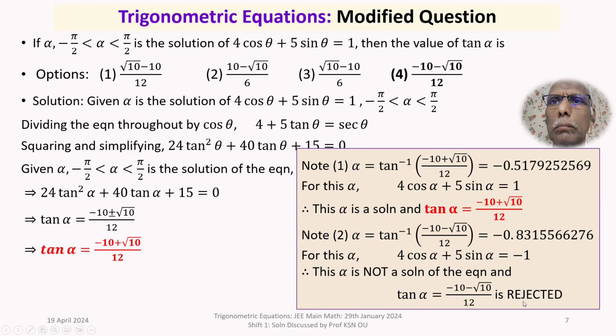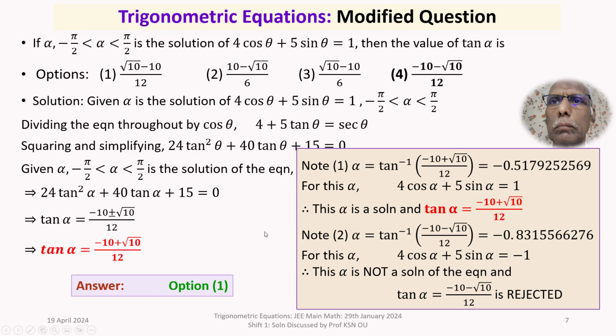This is how we have rejected it. So the answer to this question is option 1. That is the detailed discussion of the solution of the problem. I am sure that you have understood our argument here and you liked the modification also.